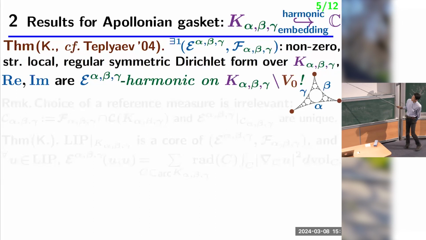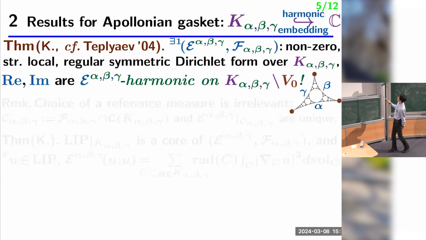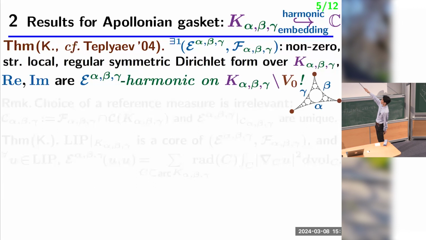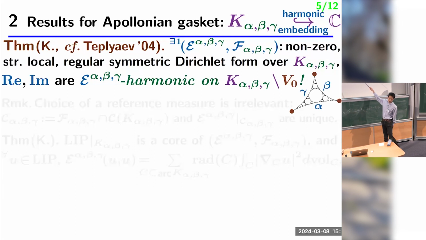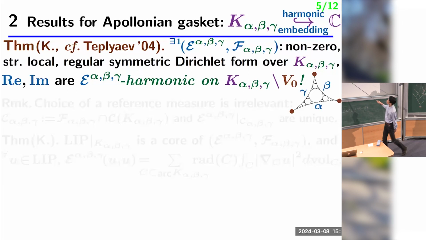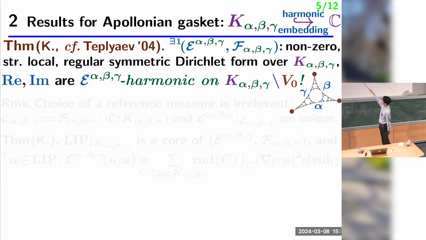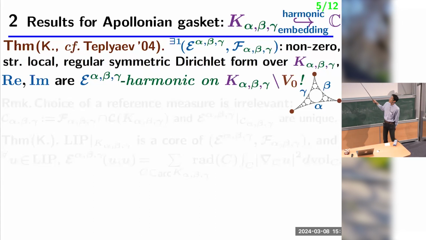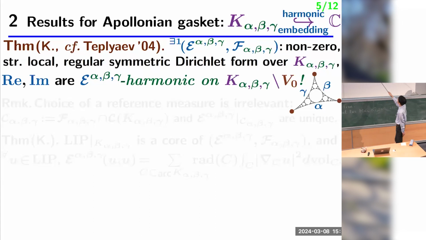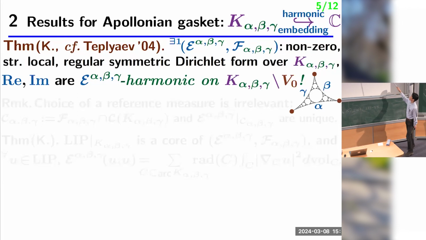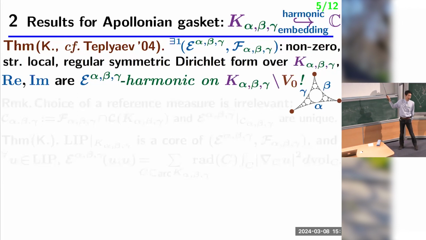Let's require that your Dirichlet form, the energy functional corresponding to the Laplace operator, satisfies the following property. The two coordinate functions from your fractal to the plane should become harmonic with respect to your constructed Dirichlet form.